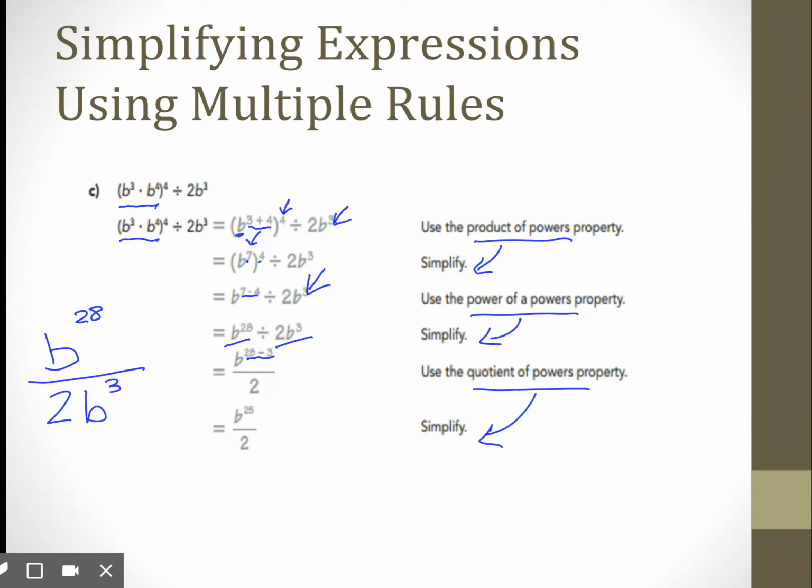So they jumped right into doing that subtraction in the numerator first. So 28 minus 3 is 25. So that's what you're left with on the top, b to the 25th power over 2, or it could also be written as 1/2 b to the 25th power. It means exactly the same thing.